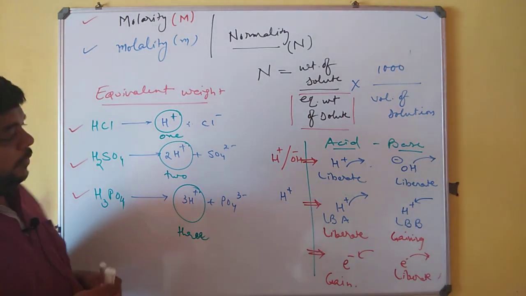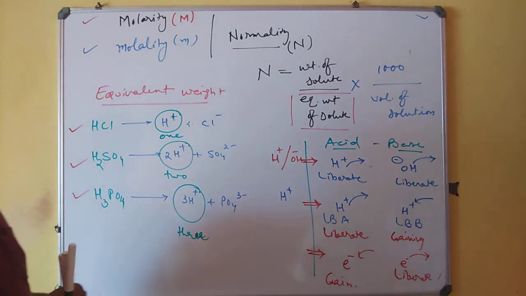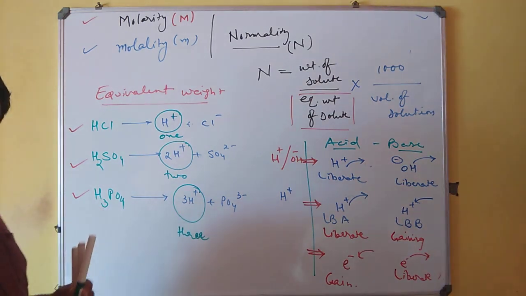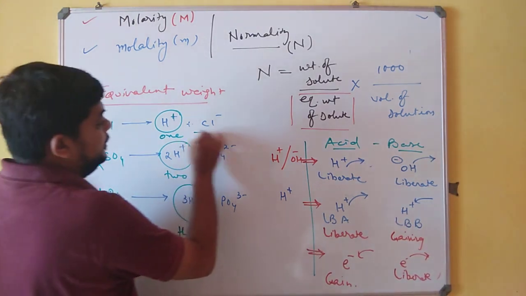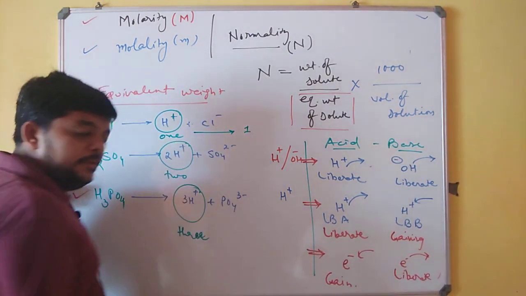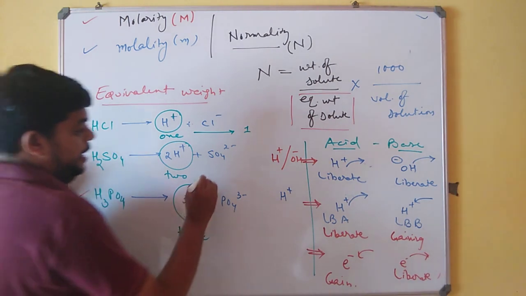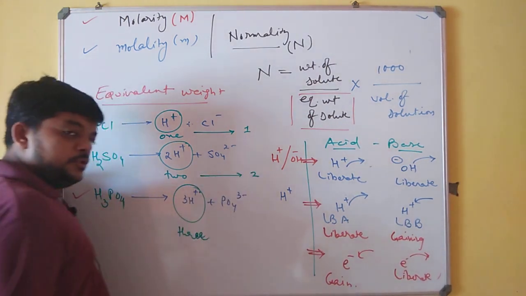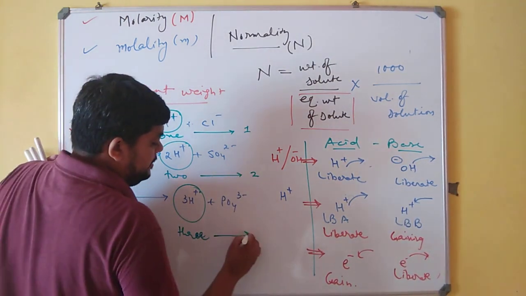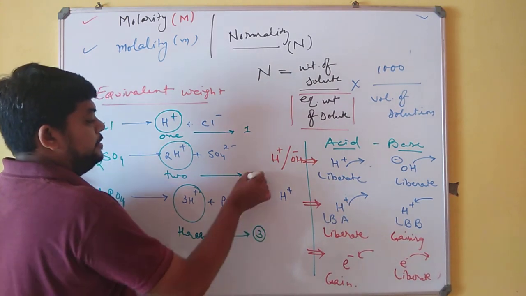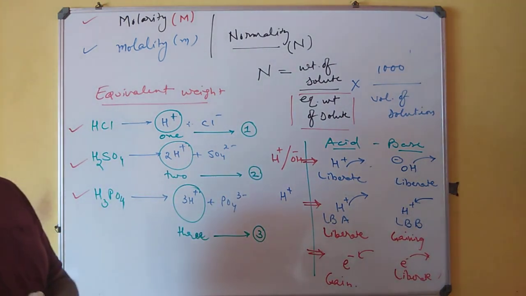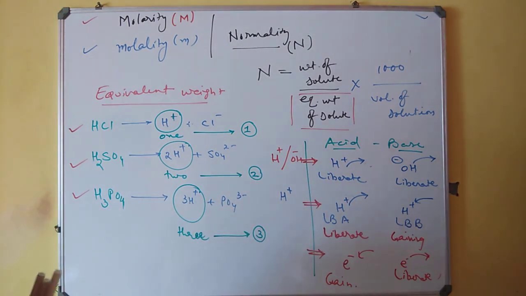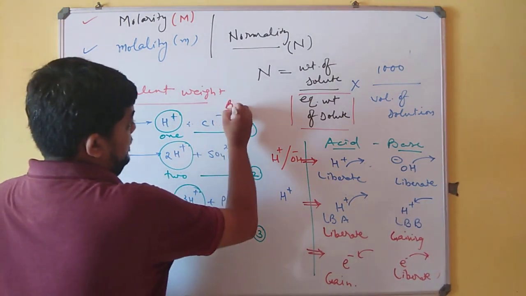Remember very well, when an acid is dissociated into cation and anion, and if only one H plus is liberated, you can consider its equivalence to be 1. If 2 H plus are liberated, its equivalence is 2, and if 3 H plus are liberated, its equivalence is 3.